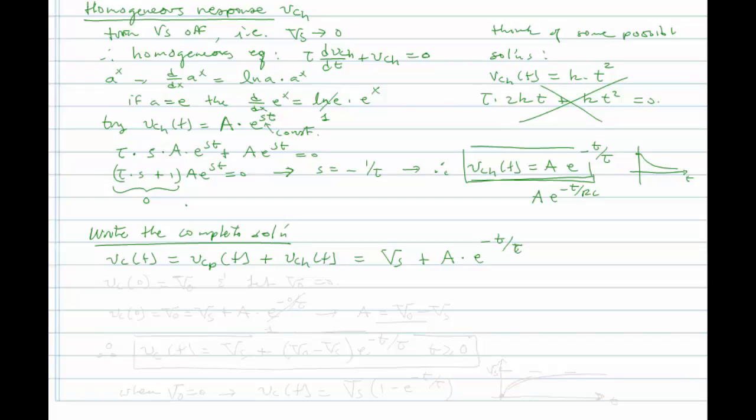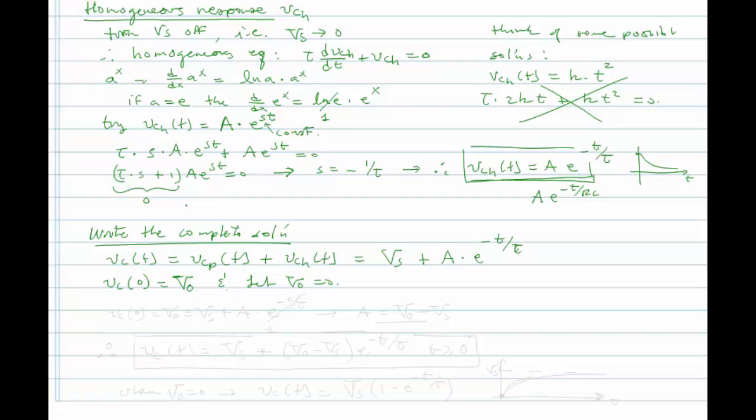Okay. Now, to finish this up, we need to be able to pick what a is. And to do that, we need to consider what the starting point or the initial condition of the capacitor is. So we had said that Vc at time 0 was equal to 0. I'm going to call that voltage VO in this case, but then we'll be more specific, and let VO equal 0.